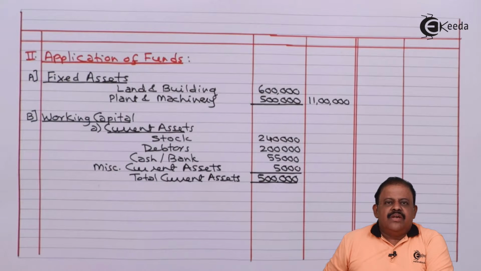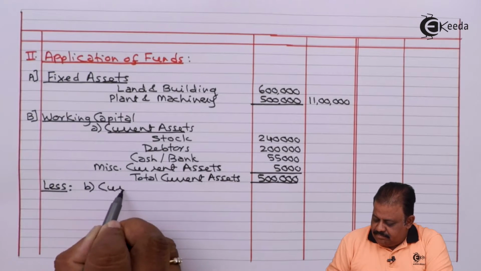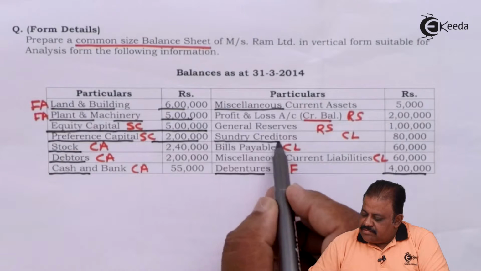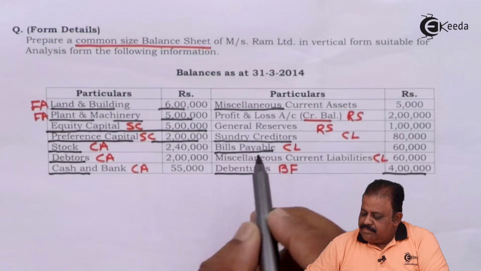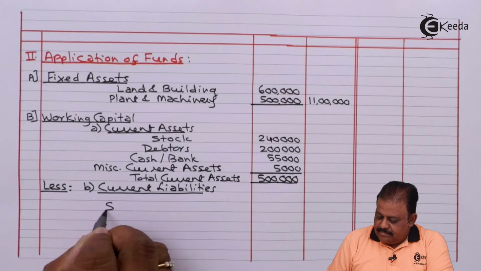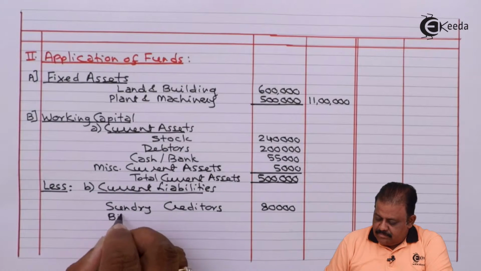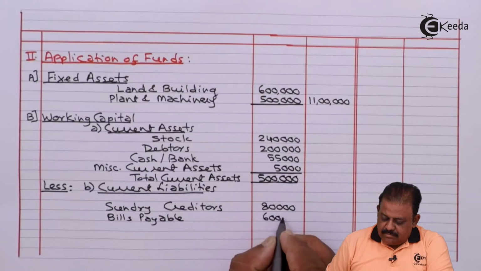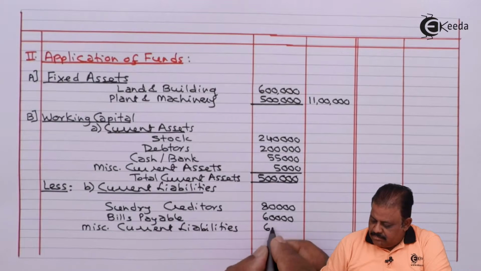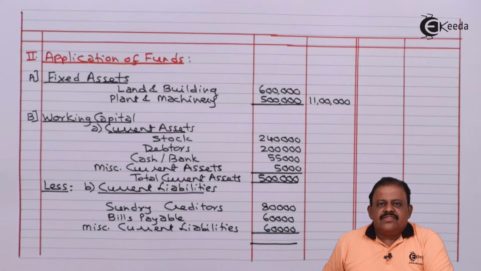From this we are required to deduct current liabilities. Sundry creditors, bills payable, miscellaneous current liabilities. Total current liabilities 2 lakhs.